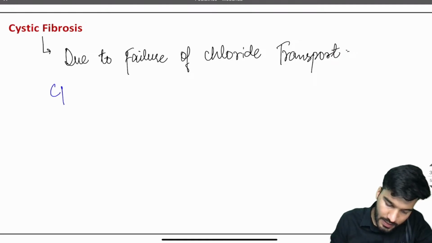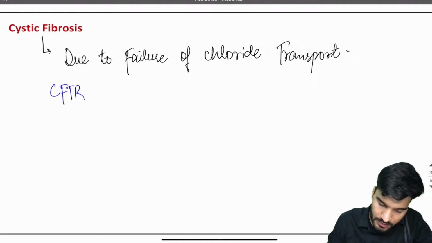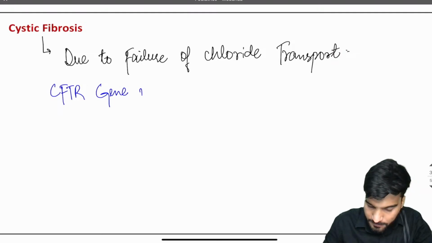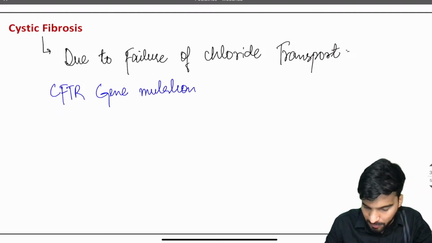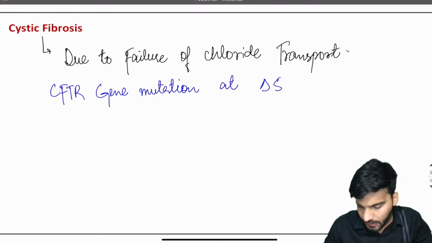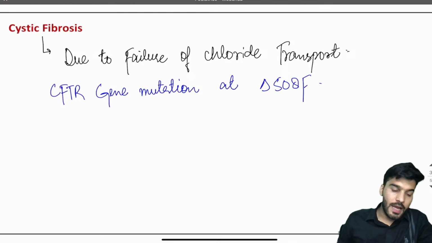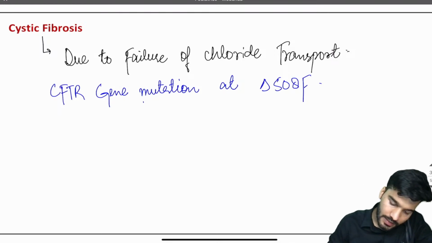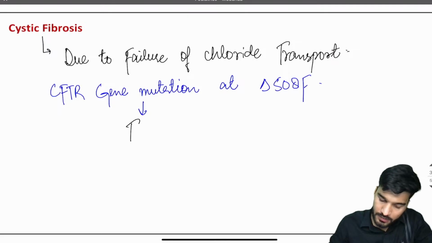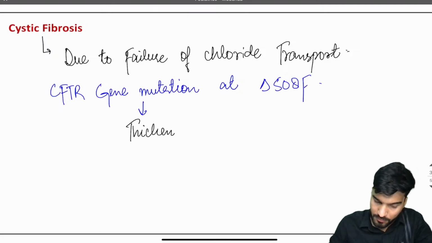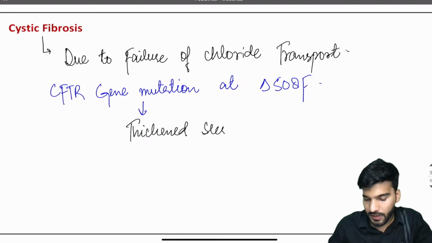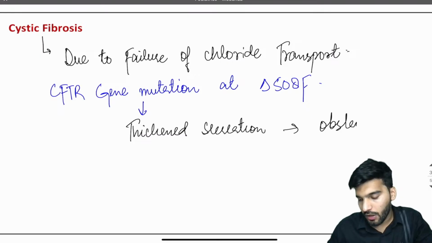The CFTR gene mutation at delta F508. Due to the gene mutation there are thickened secretions, which lead to obstruction.